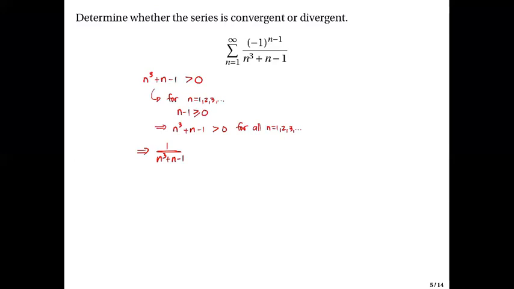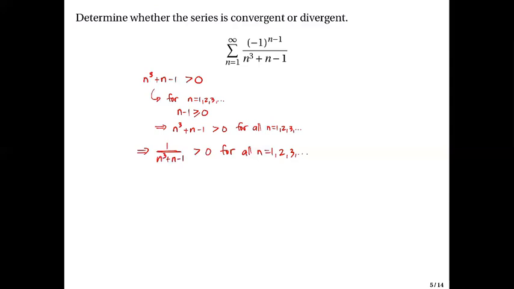This is greater than 0 for all n equals 1, 2, 3, etc. Okay?